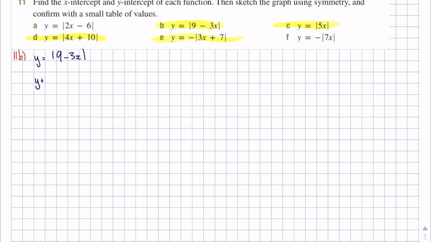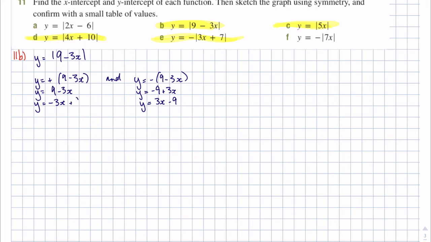So y equals positive 9 take 3x, and y equals negative 9 take 3x, which means I've got y equals 9 take 3x, and this one I've got y equals negative 9 plus 3x, which is another way of saying 3x take 9. And this is the same as saying negative 3x plus 9.